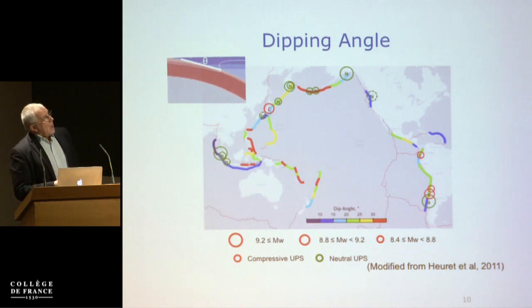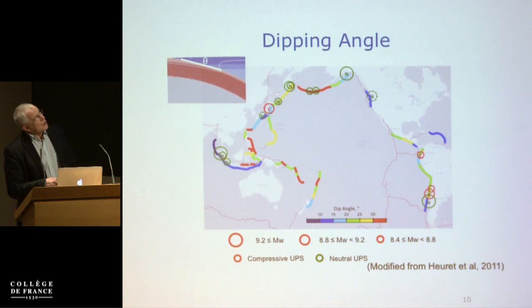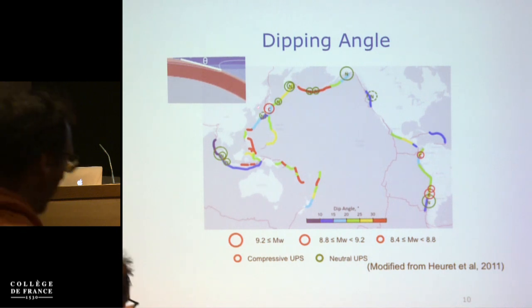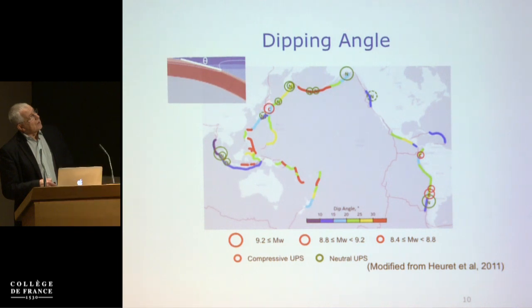And here it also shows the regime of the upper plate. You see here compressional in red and neutral in green.